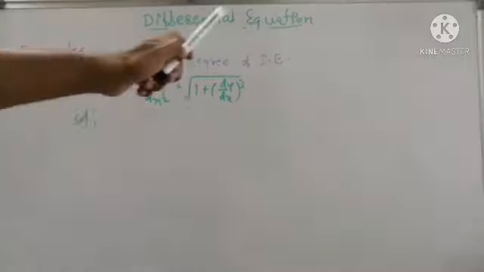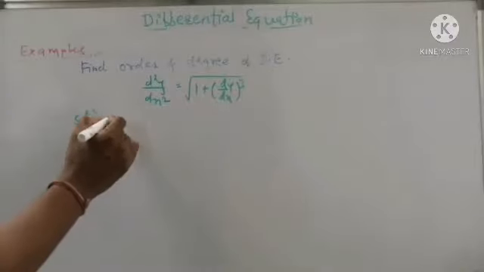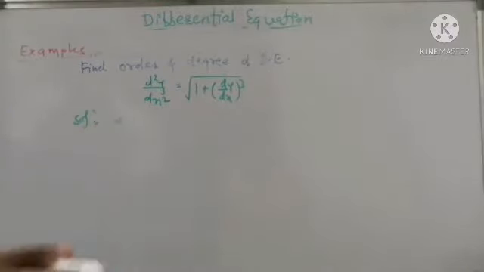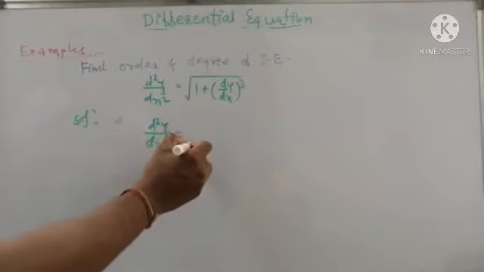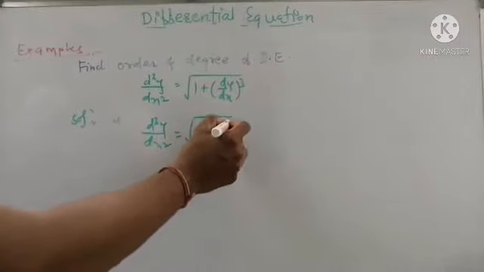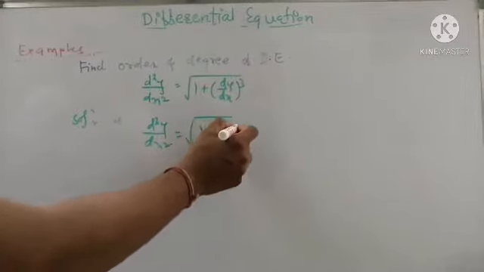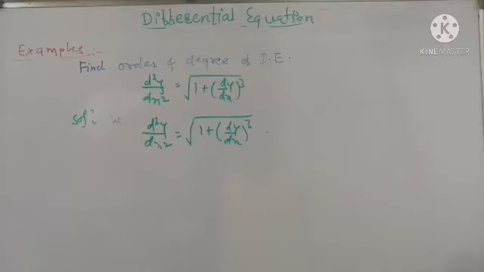For that we take this differential equation, which is given here as d square y by dx square is equal to root of 1 plus dy by dx. By simple algebraic simplification, we can make this equation free of radical sign. As there is a root sign, we take the square of it, then the root sign will be eliminated, so we take the square on both sides.